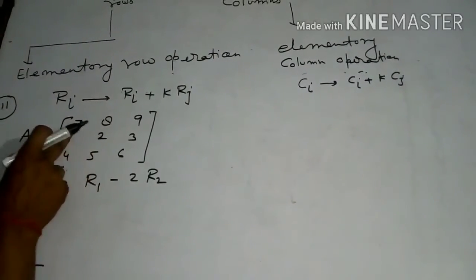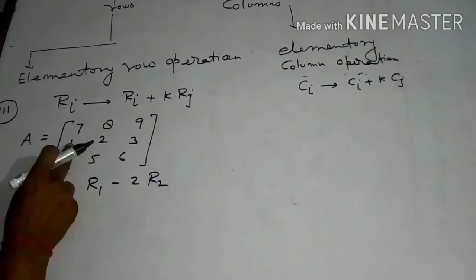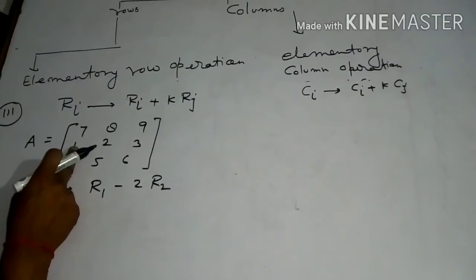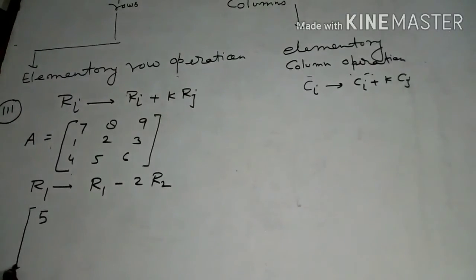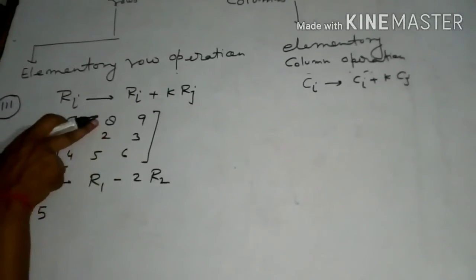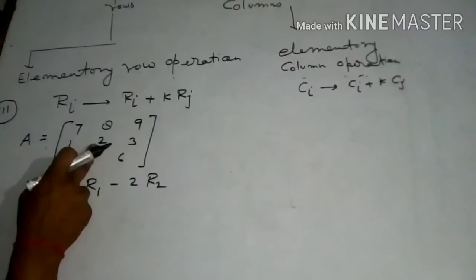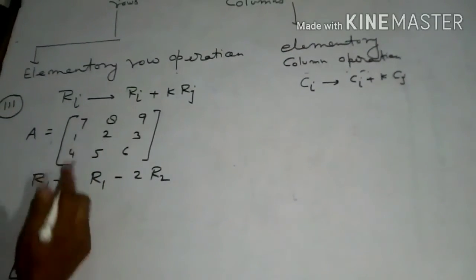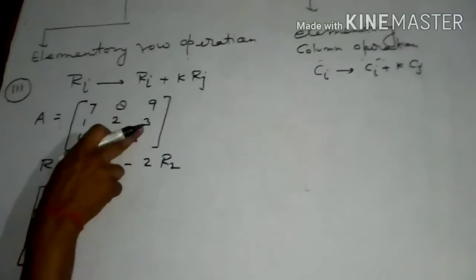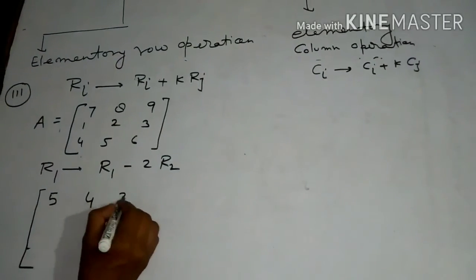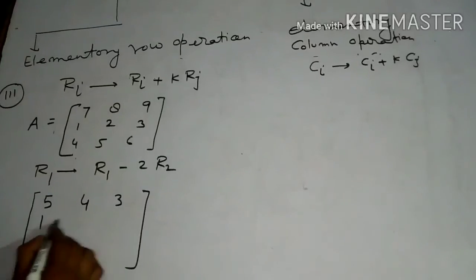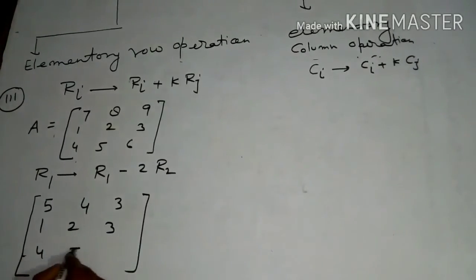R1 means 7, and then minus 2, so 7 minus 2 gives 5. Then second, 8 and 2 times 2 is 4, 8 minus 4 gives 4, and then 9 minus 2 into 3, meaning 6, 9 minus 6 gives 3, and here 1, 2, 3, and 4, 5, 6.